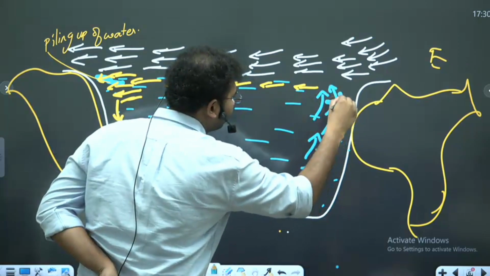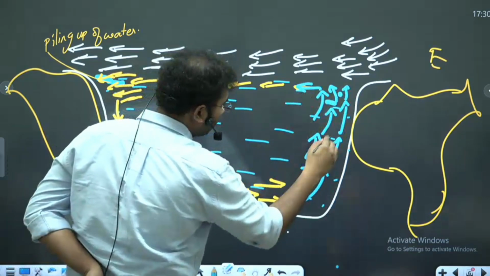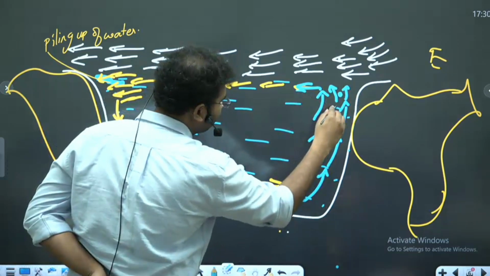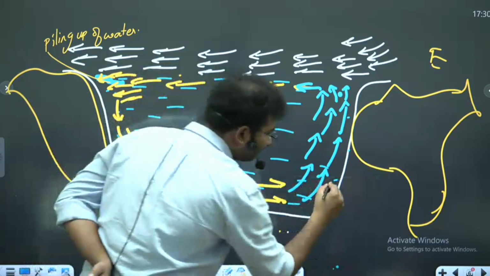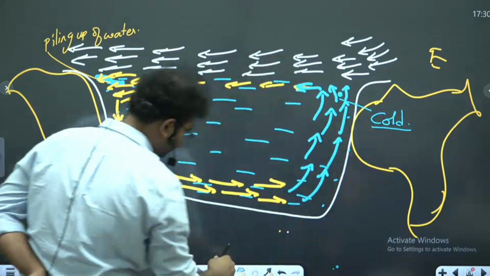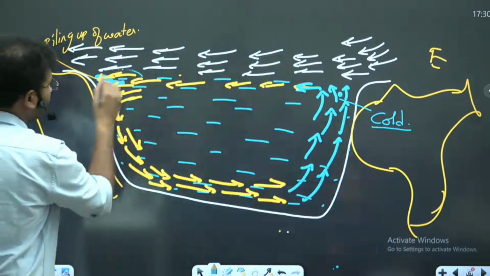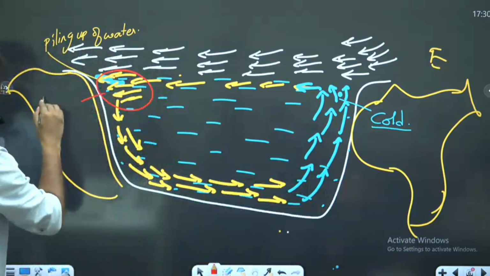Okay? Look here. An interesting aspect here is that, as the water is coming from a depth, this water will be cold. And this water will be warm.